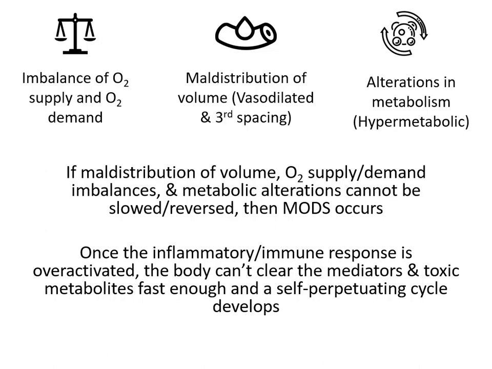If maldistribution of volume, oxygen supply and demand imbalances, and metabolic alterations cannot be slowed or reversed, then MODS occurs. Once the inflammatory or immune response is overactivated, the body can't clear the mediators and toxic metabolites fast enough, and a self-perpetuating cycle develops.